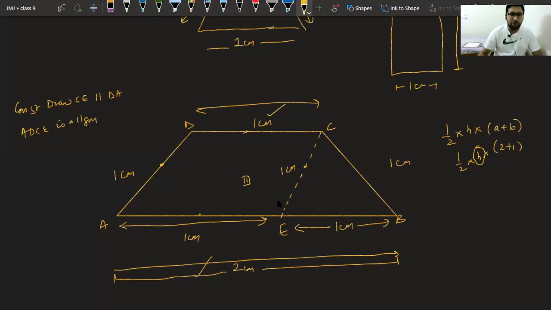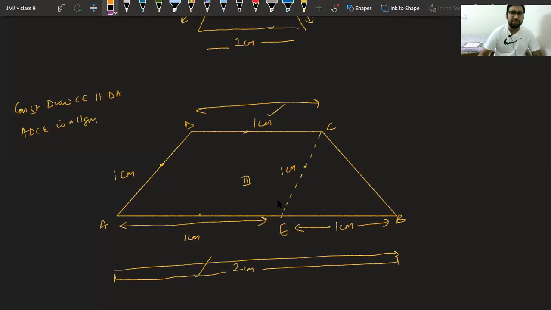Now, what can we say about triangle CBE? Class, what kind of triangle do we have? CB is an equilateral triangle, yes. And finding the area of an equilateral triangle is very easy because we just need a side for that. And we have the side as 1 centimeter. We can find the area as root 3 upon 4 a square.